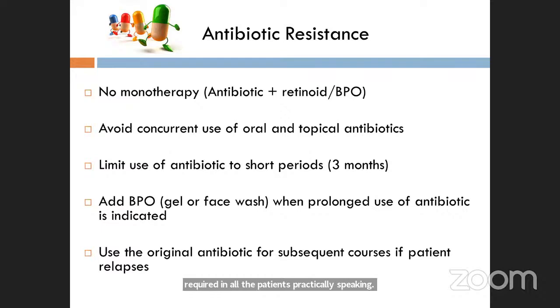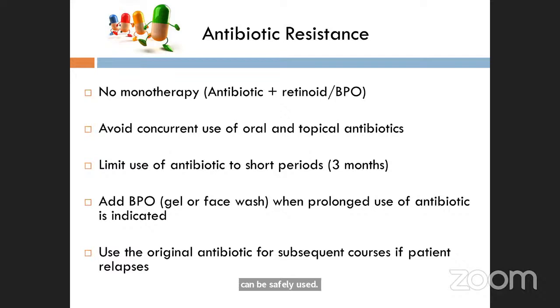So that's when we plan our second review after 30 to 40 days. And that's the time when most of the lesions have started responding, and we try to stop oral antibiotics, withdraw them at that time. But if you have to give it for up to 3 months, the guidelines say that it can be safely used.